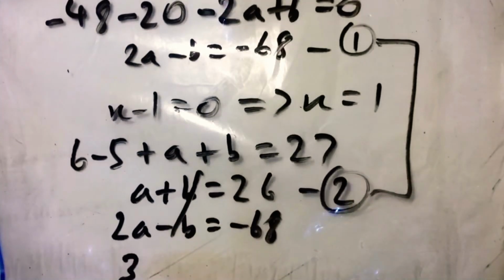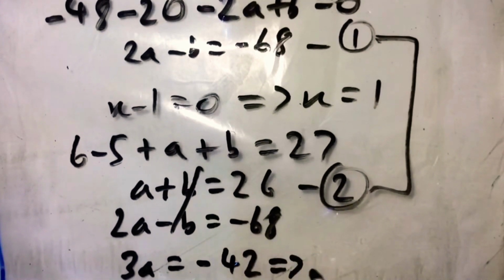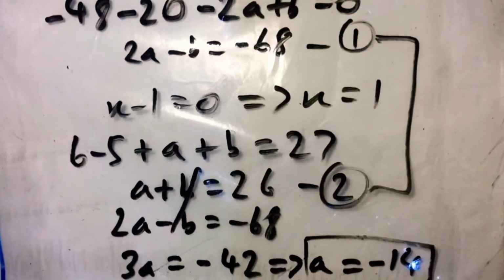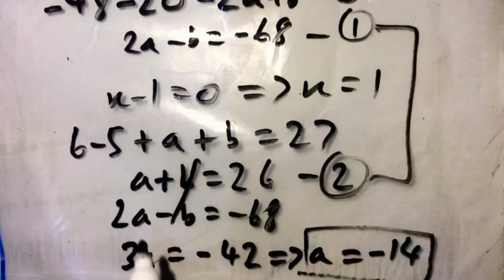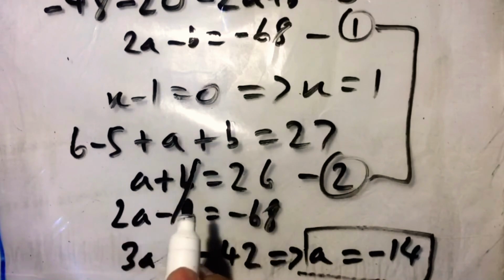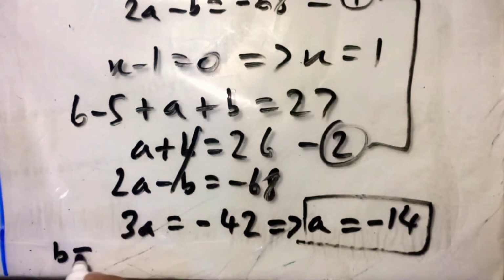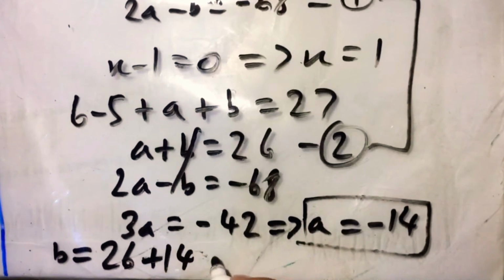This is 3a equals to minus 42, therefore a equals to minus 14. Now for b, a plus b equals to 26, so b equals to 26 minus a. B equals to 26 minus a is minus 14, so b equals to 26 plus 14, therefore b equals to 40.